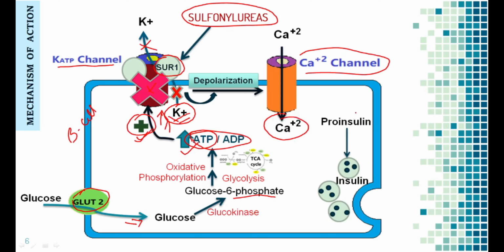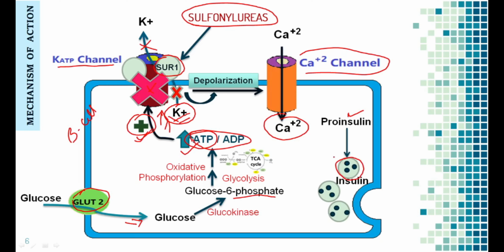In our previous video we have seen that proinsulin converts into insulin, and it is present inside the granules of the pancreatic beta cell.